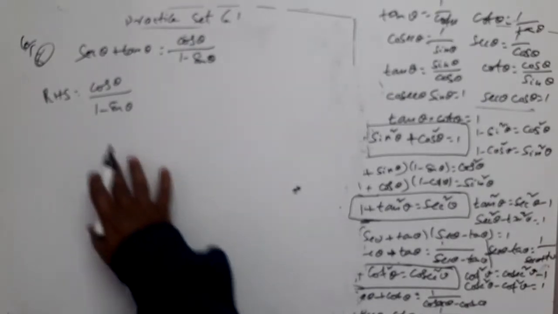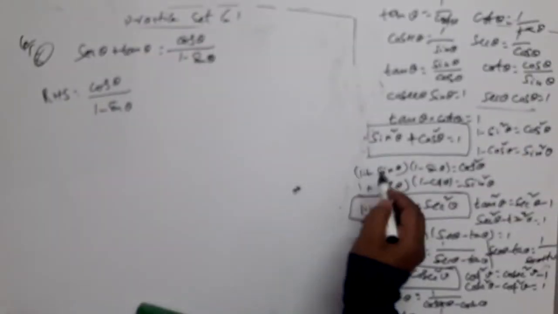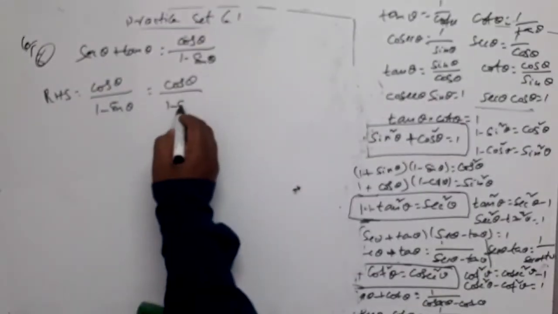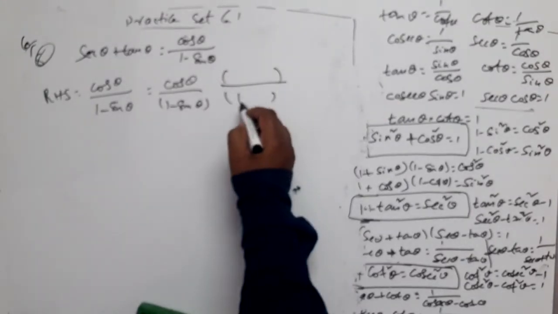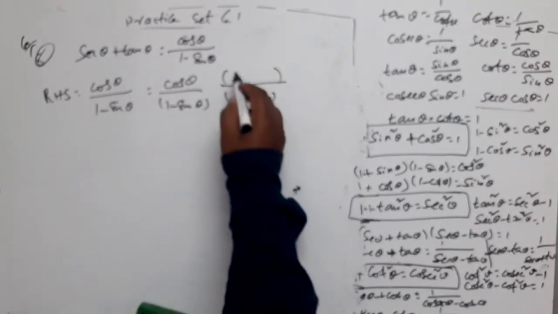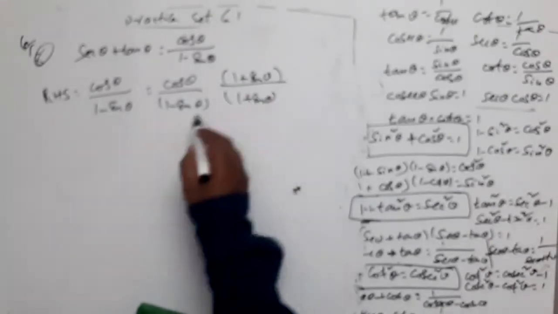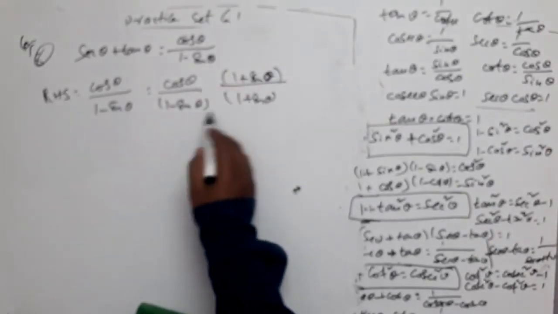Yes, the idea you have got is correct. Let us multiply and divide by the term 1 plus sin theta, so that I can have the product 1 minus sin theta into 1 plus sin theta. I can write that as cos square theta.